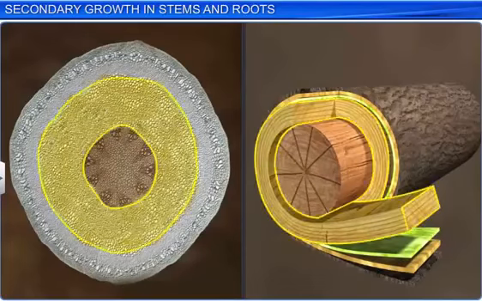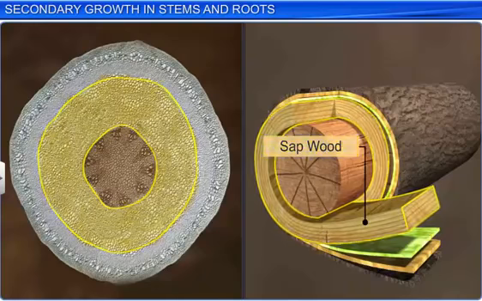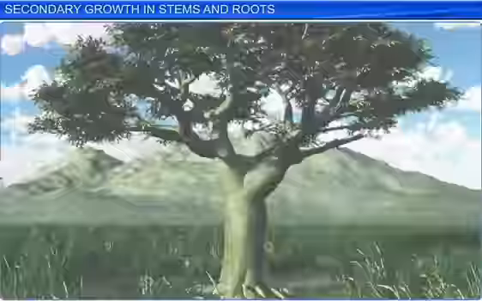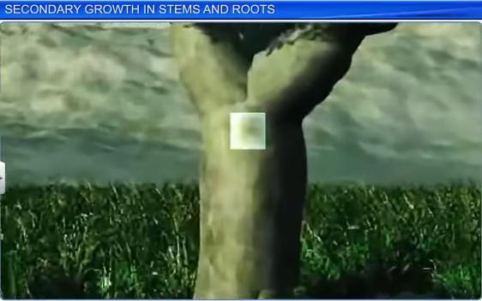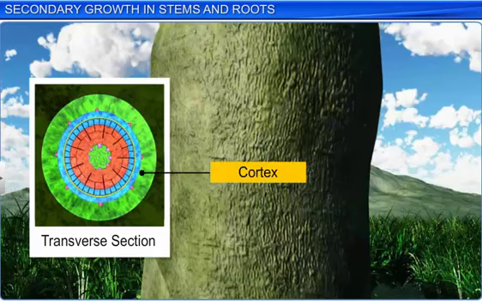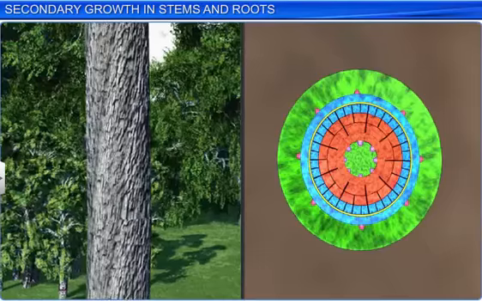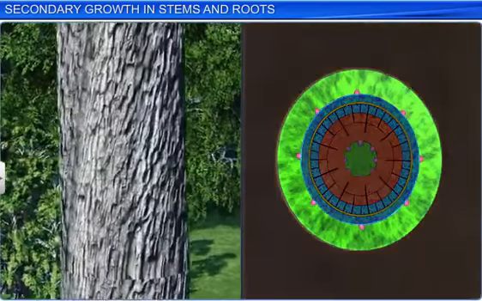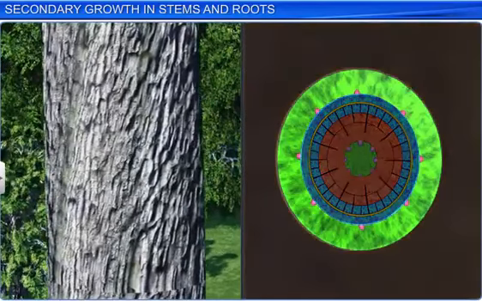The peripheral region of the secondary xylem, which is lighter in color and is involved in conduction of water and minerals, is called sapwood. The cortex is another region where secondary growth takes place. Due to the vascular cambium's activity, the stem increases in girth.